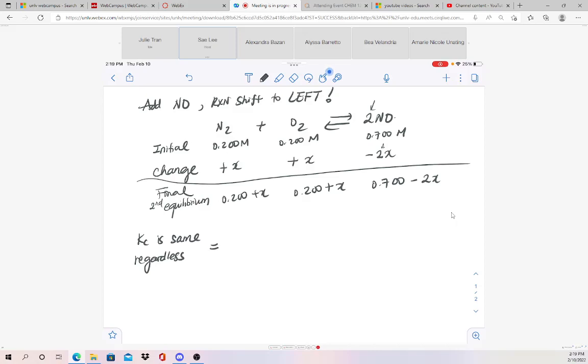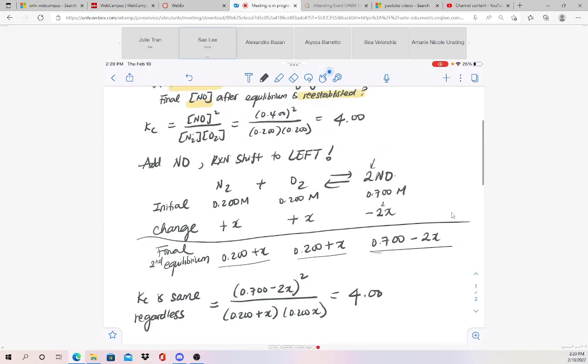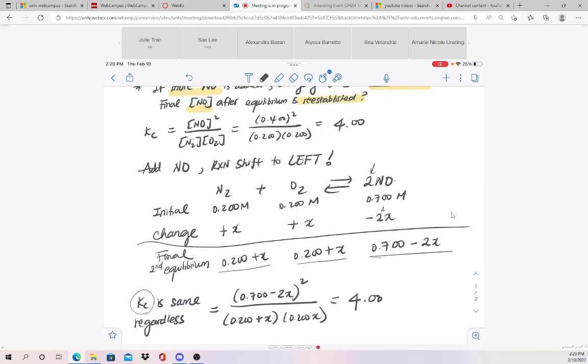So let's write the equilibrium expression using these new expressions that we found. It is equal to the initial Kc value that we found up here. Kc value will always be the same.